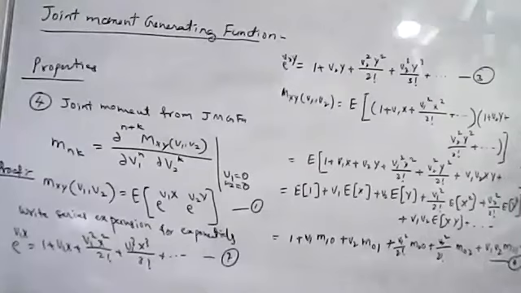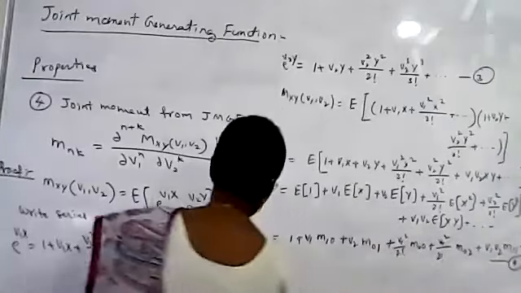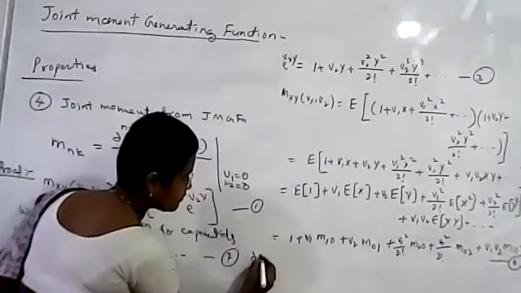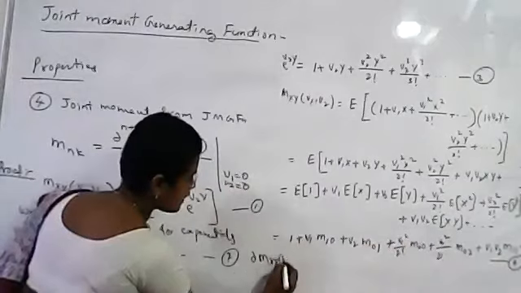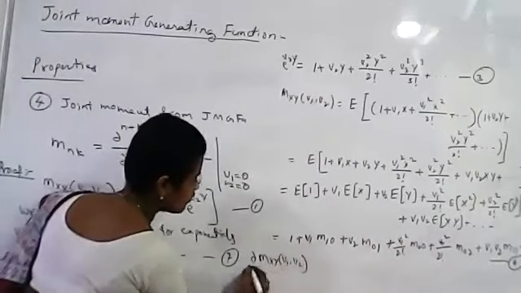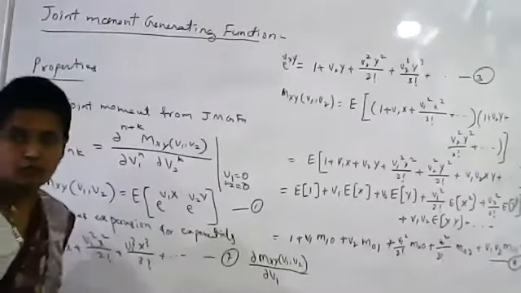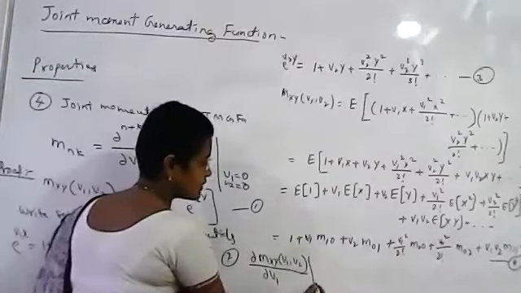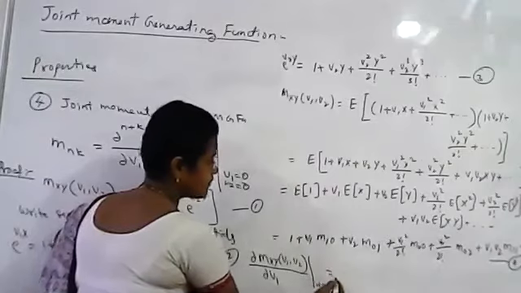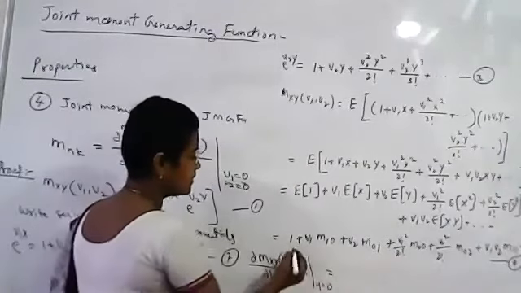Now we are differentiating equation 4 with respect to v1 and substituting v1 is equal to 0. So we are differentiating mxy of v1 comma v2 with respect to v1. If you differentiate, what terms do we get?